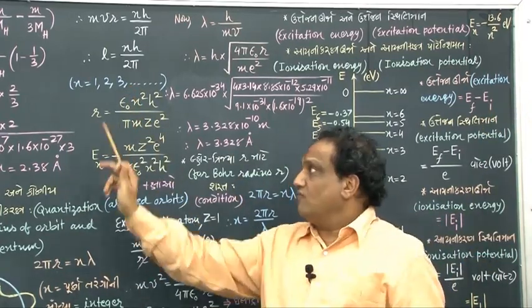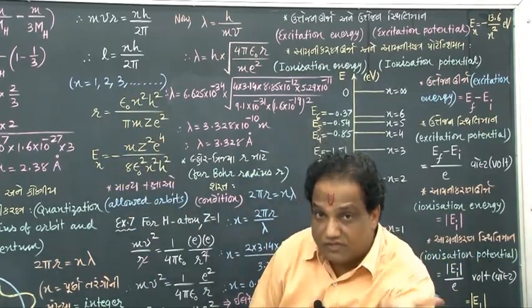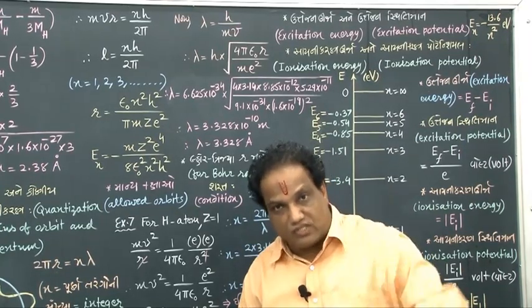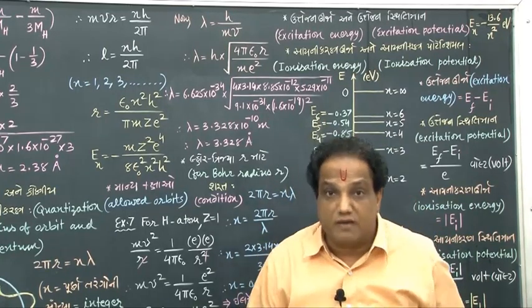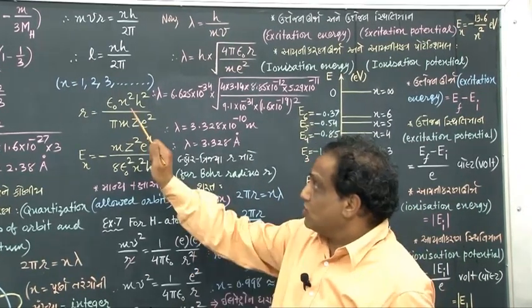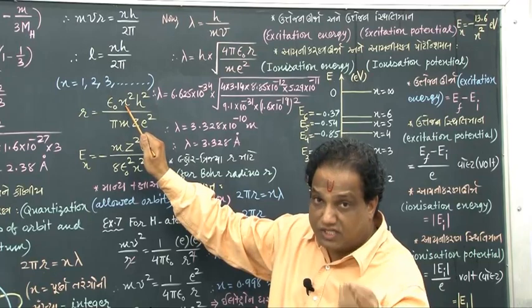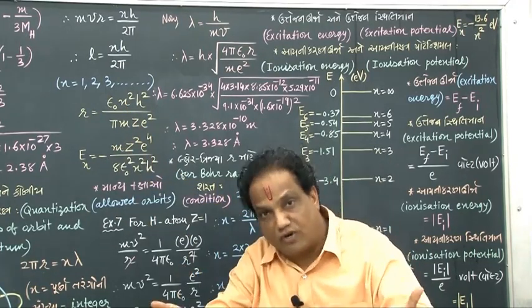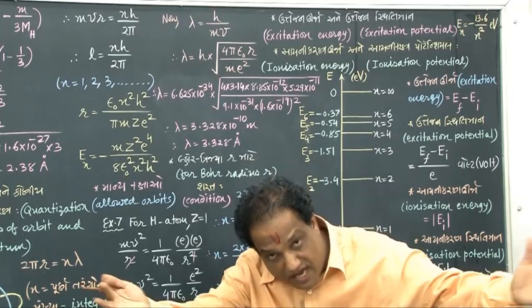At that time, what was the formula for the radius of the circular orbit? The formula was r equals epsilon 0 n square h square upon pi m z e square. There also, the values of n change specifically, so the radius of the circular orbit of the electron is also quantized.